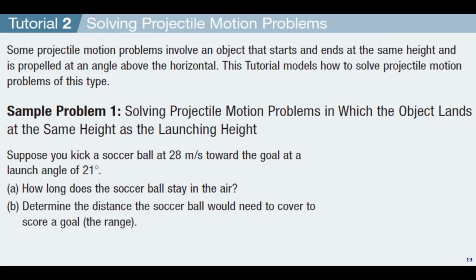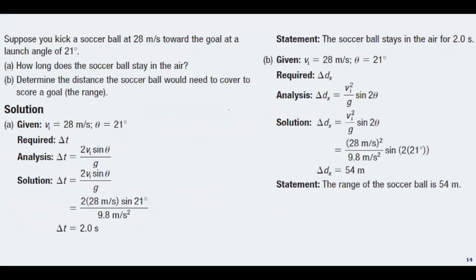All right, let's have a look at the solution to this question. Question A, we are given initial velocity is 28 meters per second and direction theta is 21 degrees, which is the angle the velocity makes with the positive horizontal direction.